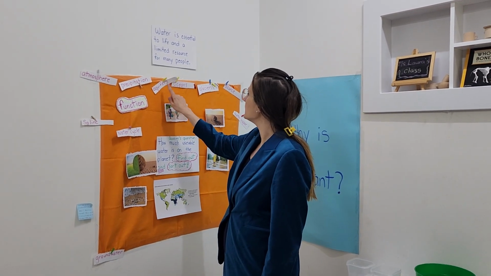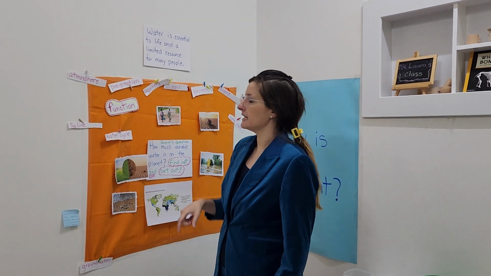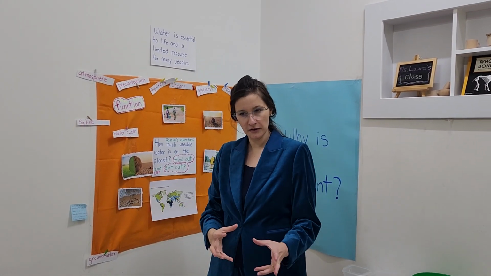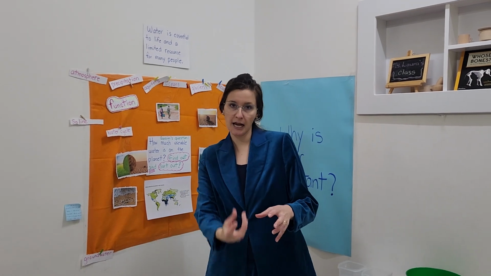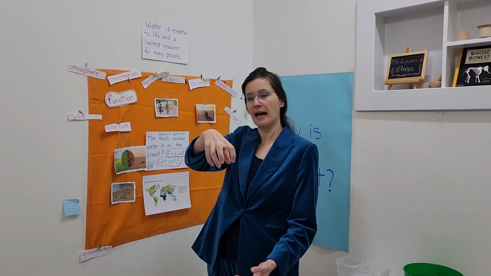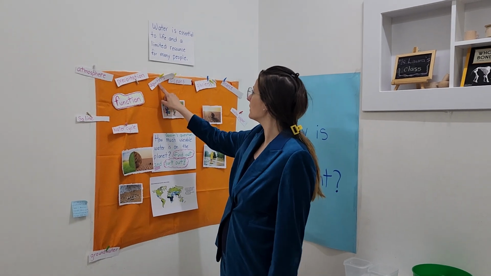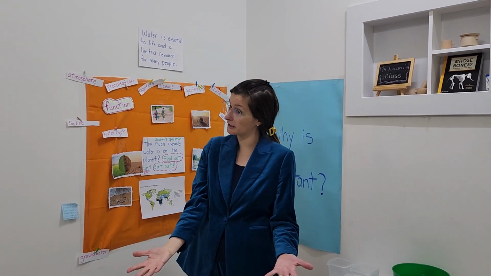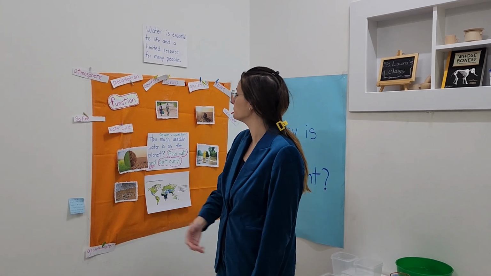So yes, an aquifer is like a rock area underneath the ground, and the water can actually come up through it. So we can take the water out that way, and we find some fresh water there, because we were talking about the salt water and the fresh water and the difference between the two.